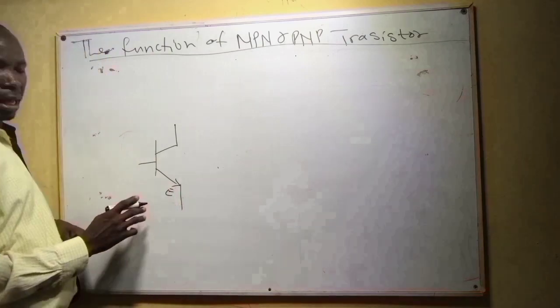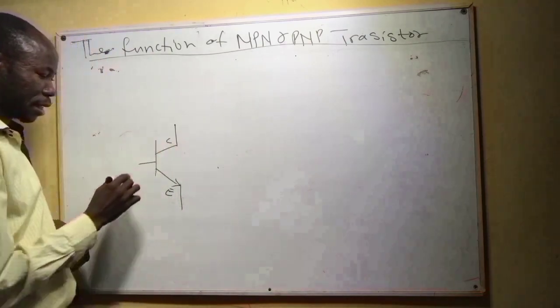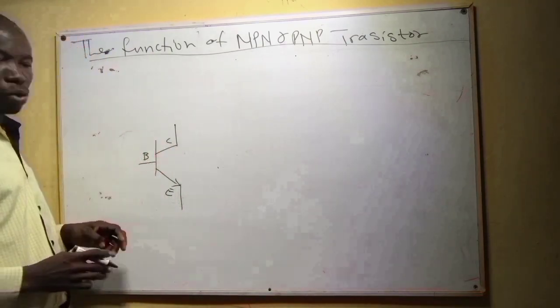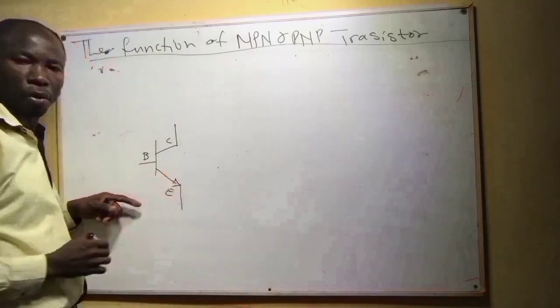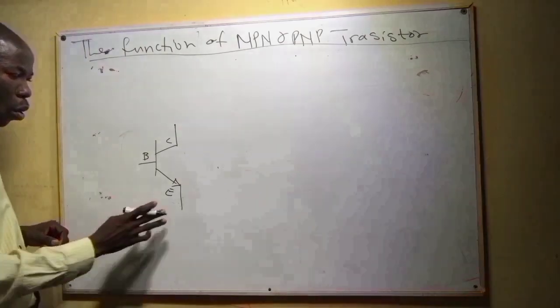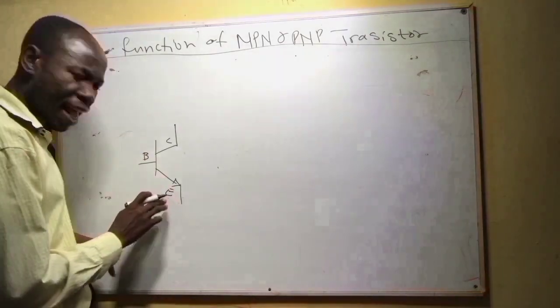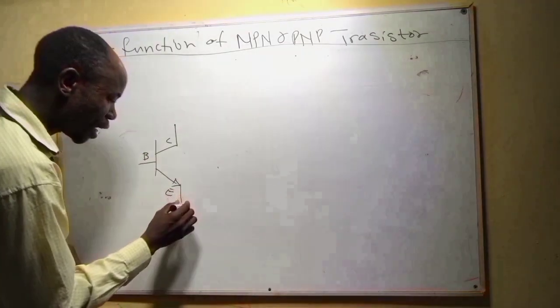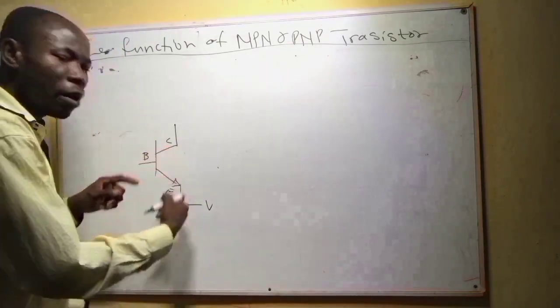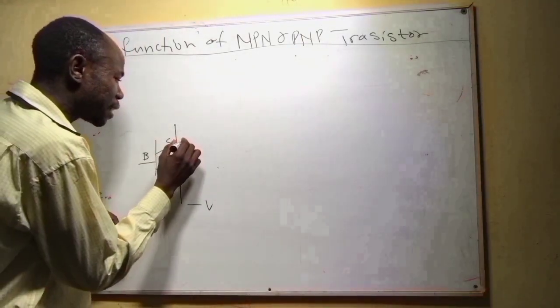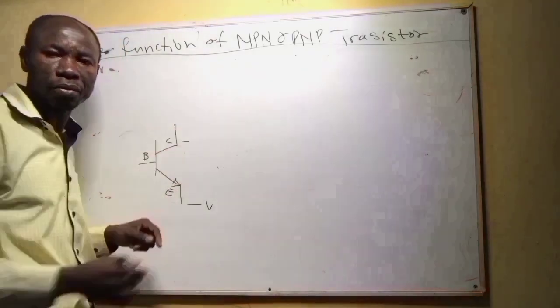Here is the emitter and the collector. This is the base. You can know the emitter from this arrow, right? Good. Always the emitter receives negative voltage, whilst the collector releases the negative to the load.